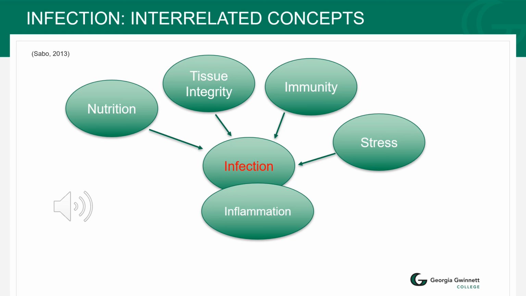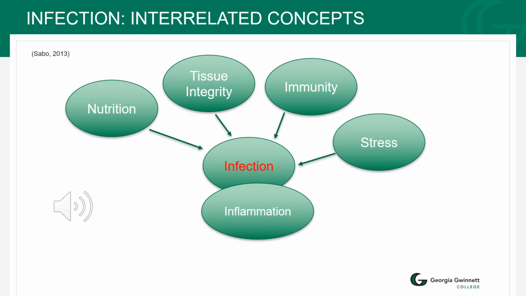The concept of infection is aligned with several concepts that we'll be learning throughout the course and throughout our nursing program. Immunity and inflammation is critical in providing a level of alertness or early identification of the pathogen that comes into the body. The immune system is the first line of defense against infection, and it's the body's primary method of response to that organism.